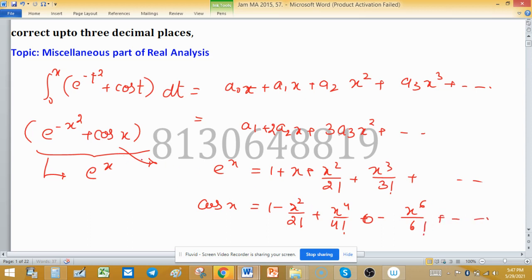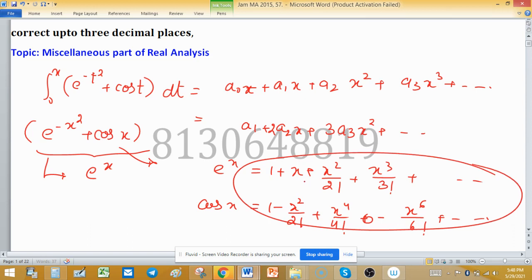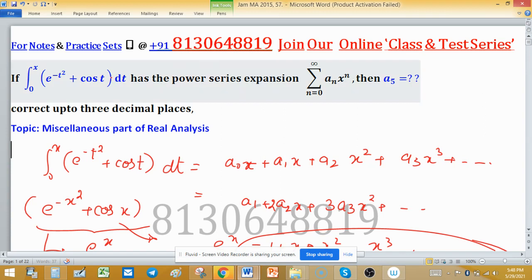Put these values in the left-hand side and compare coefficients. This is one approach; a simpler one is to find the integral and write it in terms of x.